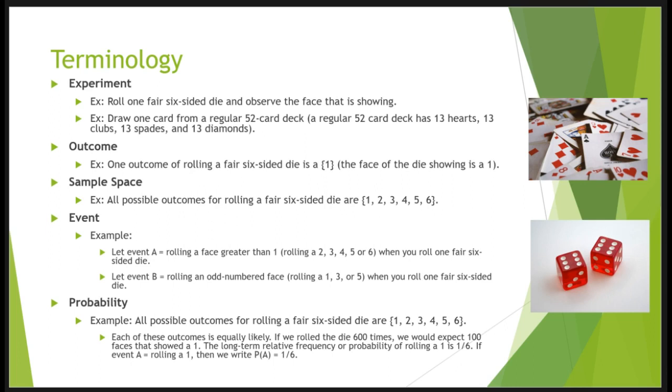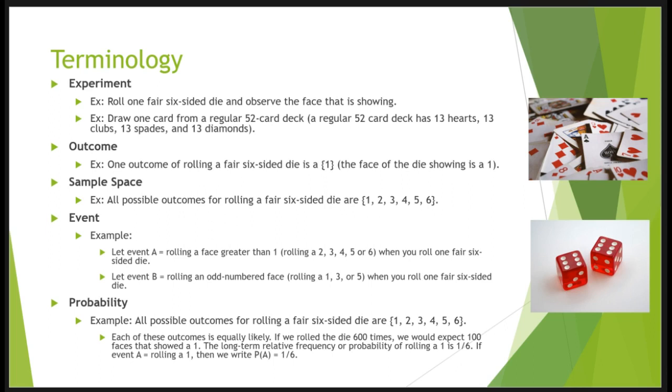The probability of any outcome of an experiment is the long-term relative frequency of that outcome. Recall that relative frequency is the fraction of times an answer occurs. So as an example, all possible outcomes for rolling a fair six-sided die are 1, 2, 3, 4, 5, and 6. Each of these outcomes is equally likely.